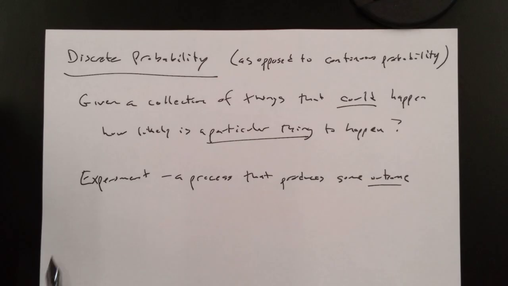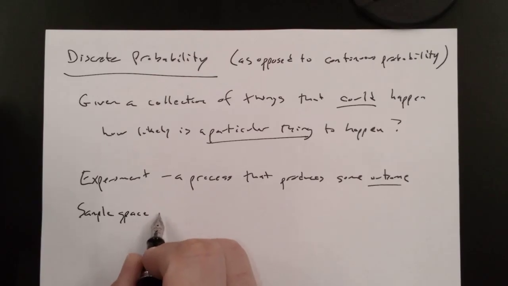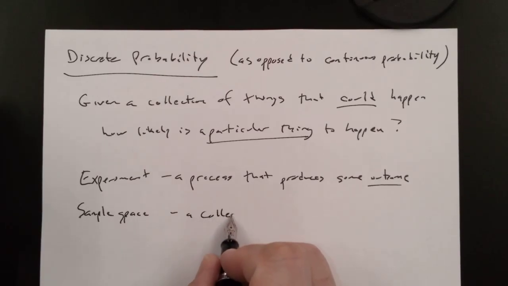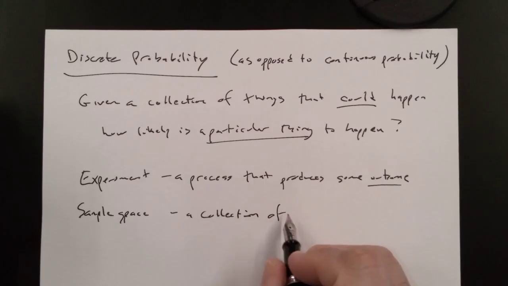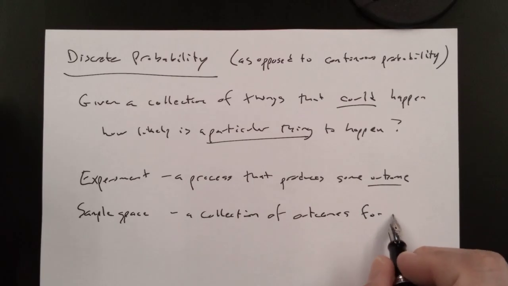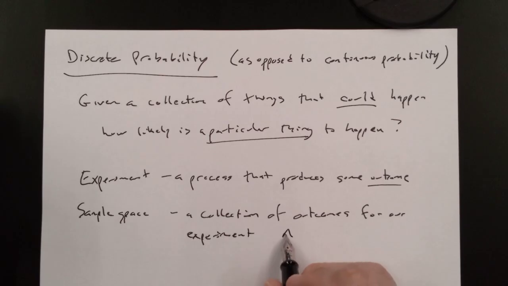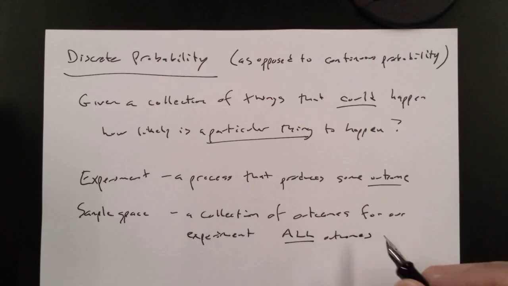That collection is called a sample space. Our goal is to think of this as a finite set.